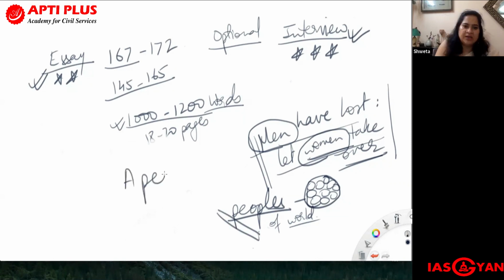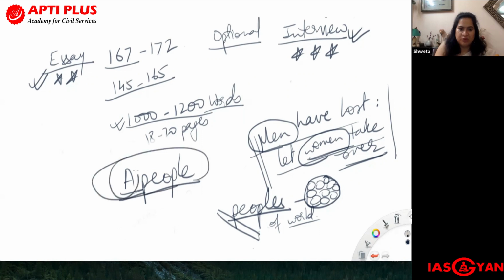Similarly, when I say a people, so a always brings in some specific unit. So who is this specific unit? A people means, mostly when I'm talking about it, like for example, an ecosystem, if I'm using, or a girl, a means any. So a people means any group of people, any community, any group.